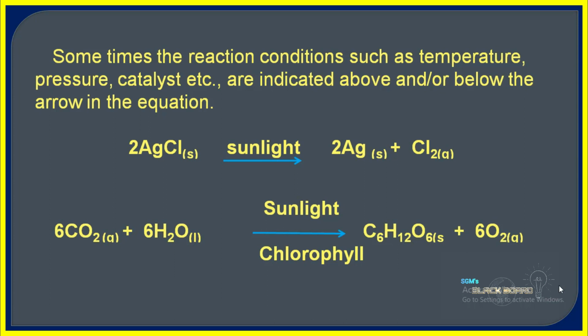So we write sunlight and chlorophyll either above or below the arrow mark. In this way, sometimes reaction conditions like pressure, catalyst, temperature, etc. are indicated above or below the arrow to make the chemical equation more informative.